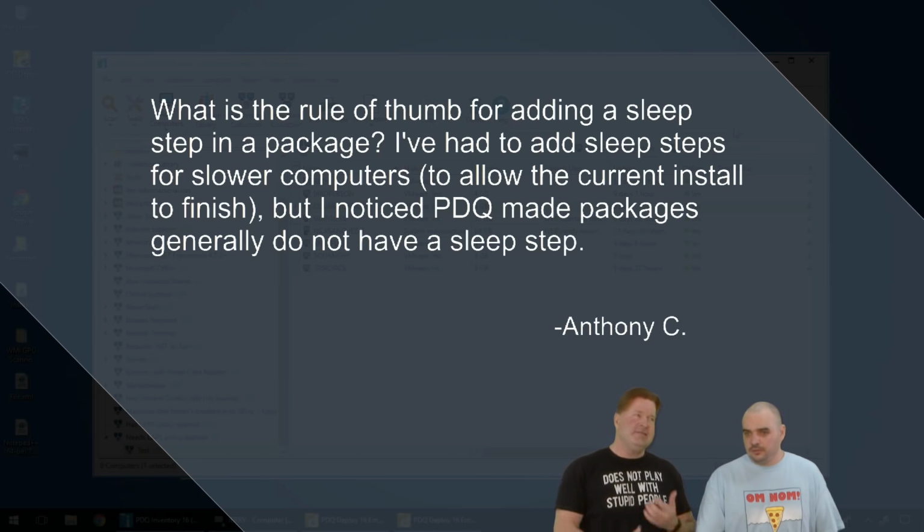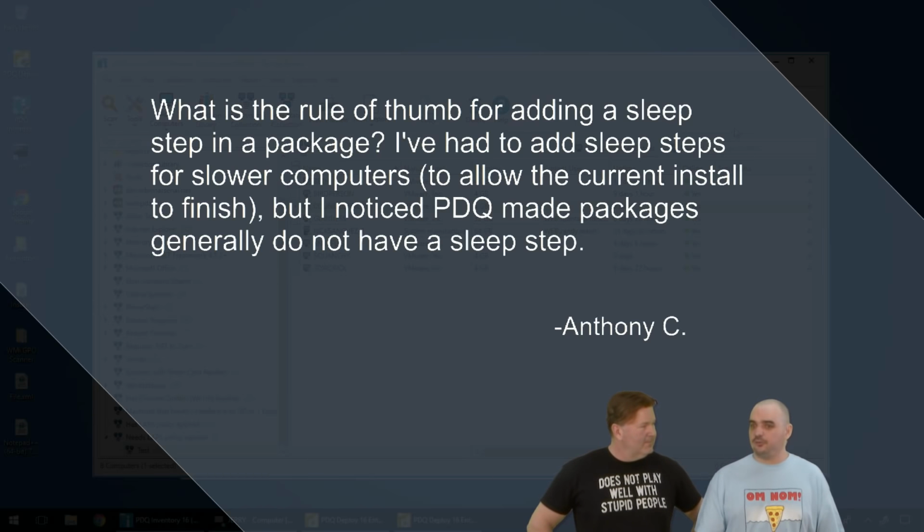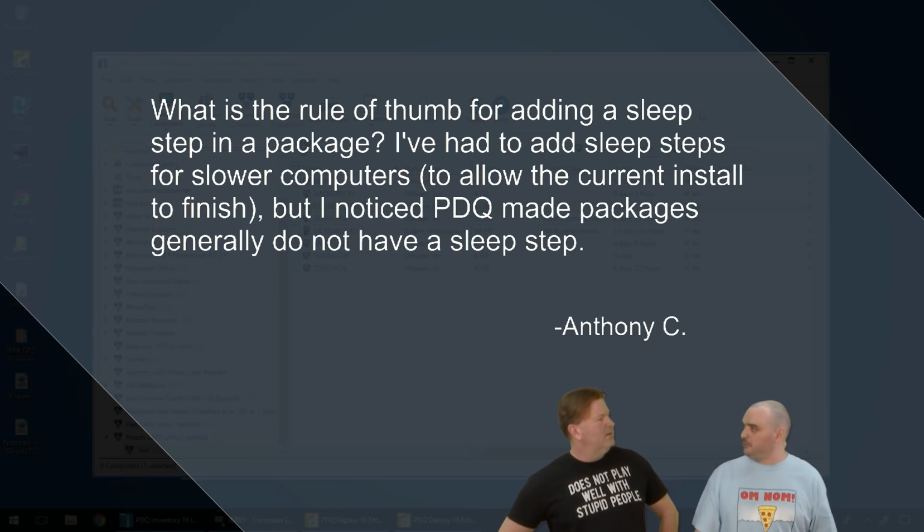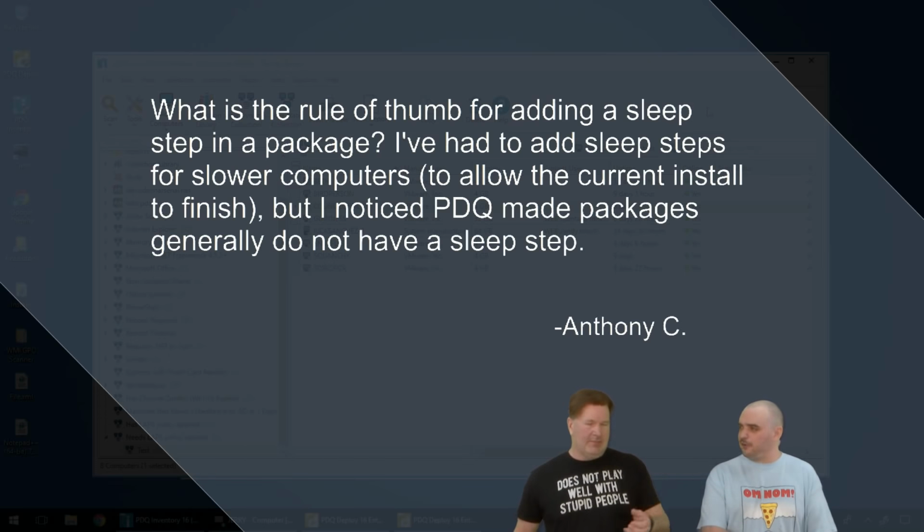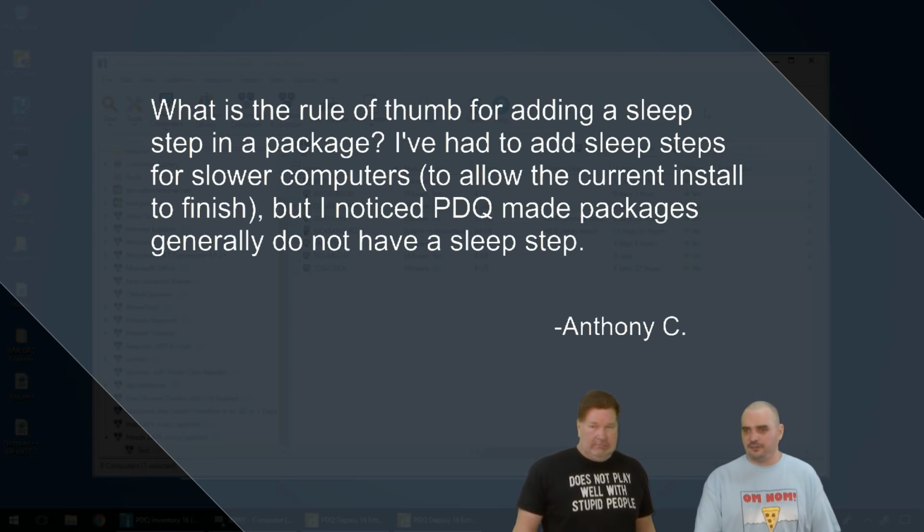If you're looking for something more reactive to the speed of the computer and it is a PowerShell step, you could put in a test for whatever you're looking for to show up, in a loop until it shows up, and that would make the pause as long as it needs to be. That would be a dynamic pause. Outside of a PowerShell step, I'm not sure of a way to fine tune it for slower machines.